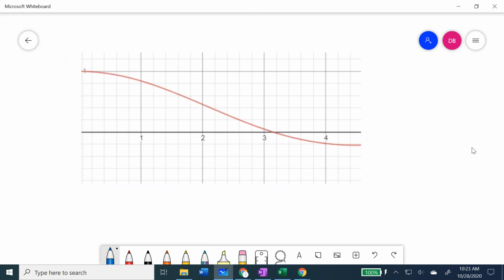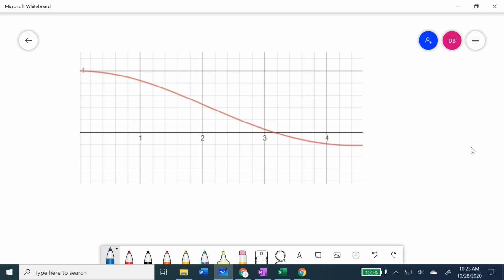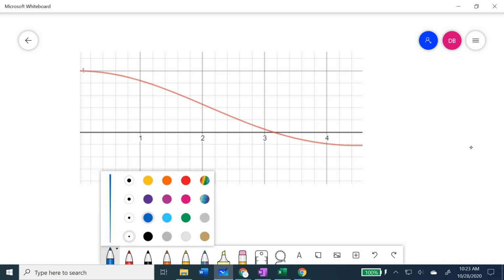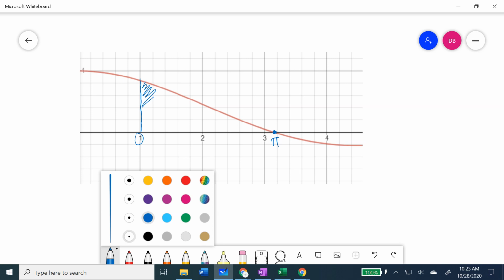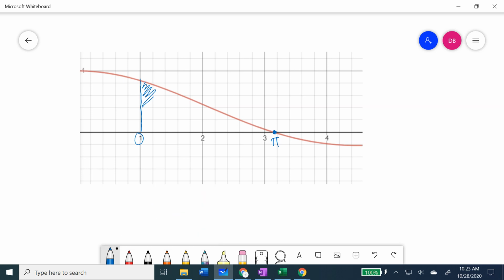So this is the graph of the function. We were finding the area starting at x equals 1 and finishing at x equals pi. And that formula, make that a little bit bigger, that formula is going to find the exact area under this curve down to the x-axis.